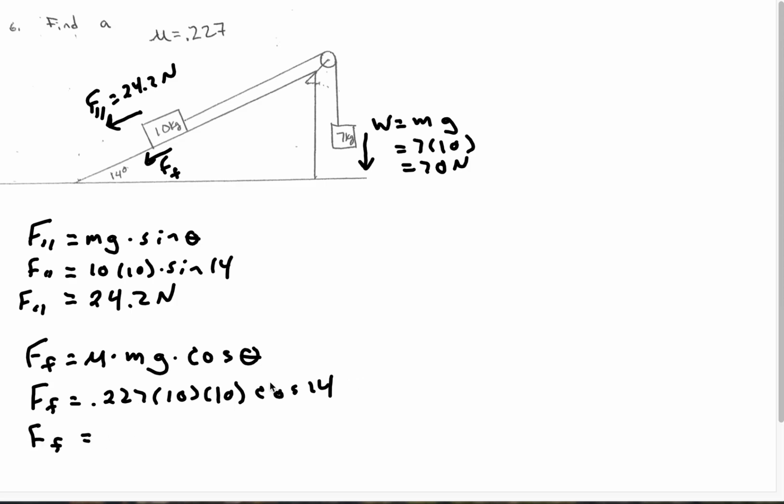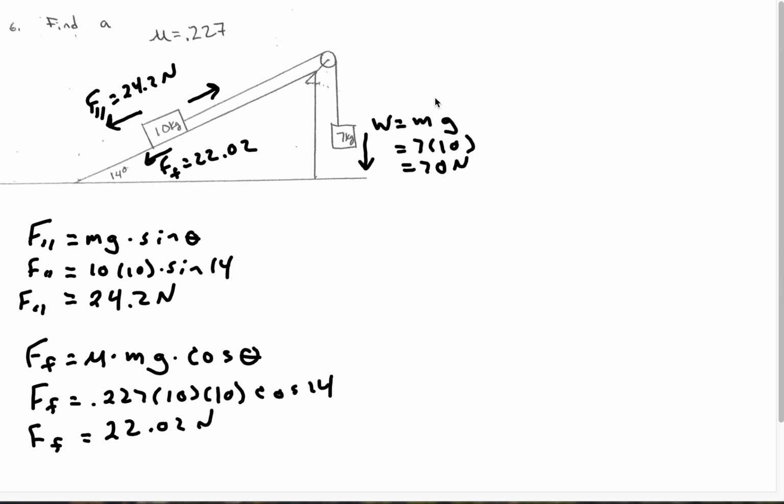So we got to plug that in our calculator. 22.02 newtons. Okay. So friction, 22.02. So I've got a portion of the weight pulling it down. I got friction trying to stop it. And then I've got this force, the tension in the rope pulling it up. And that's 70 newtons. Right?